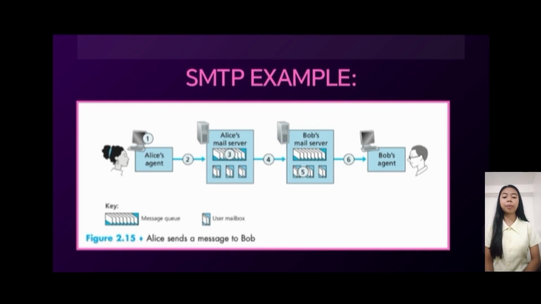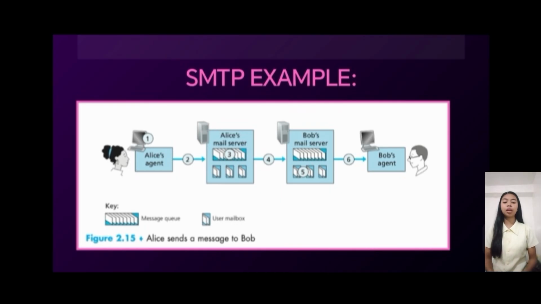Then in step 5, Bob's mail server places the message in Bob's mailbox. Whenever the message is stored in the mailbox, SMTP is used, because the purpose of the SMTP protocol is to deliver and store messages at the receiver's mail server.